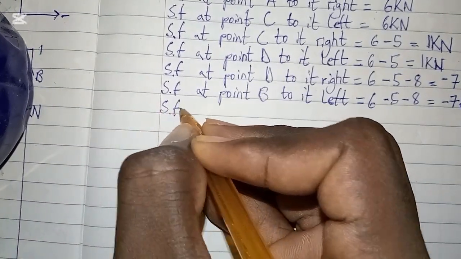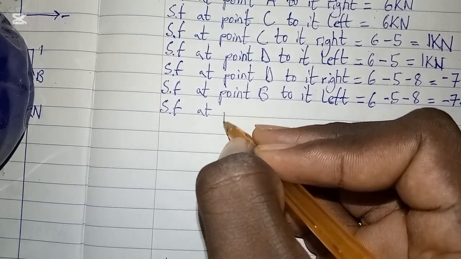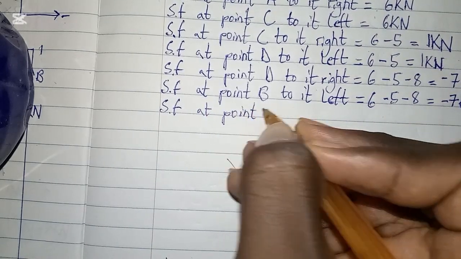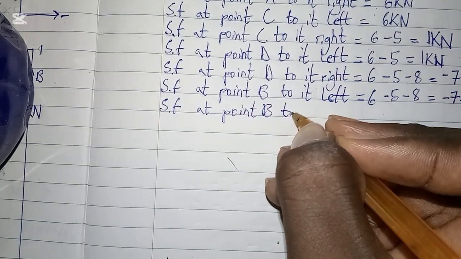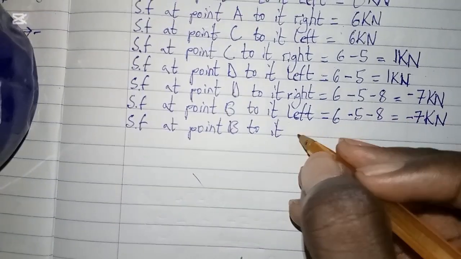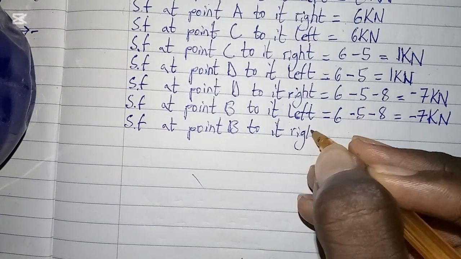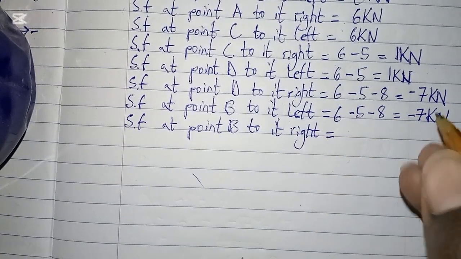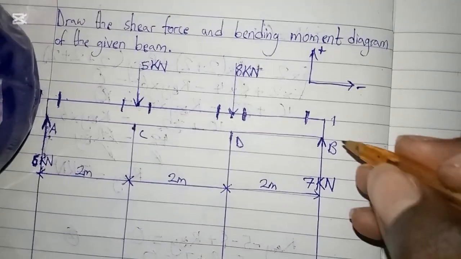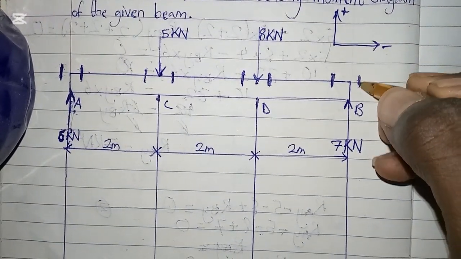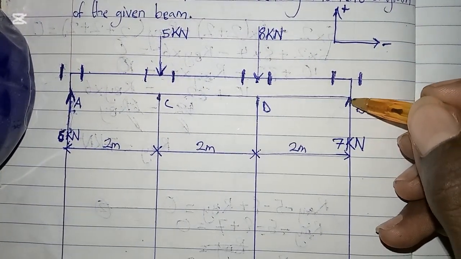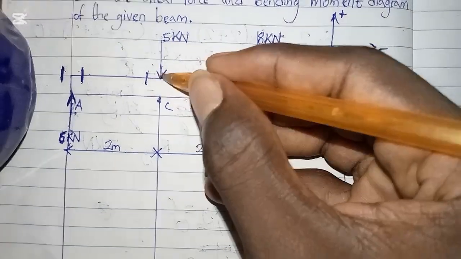Shear force at point B to 8 right will be equal to... to 8 right is here. So if you are standing here, what forces can you see? You can see this force, this one, this one, and this one.